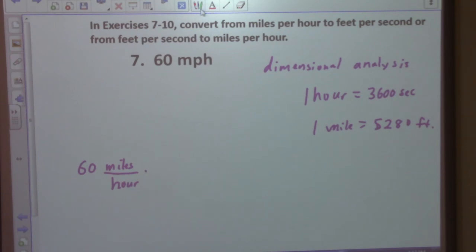Well, anyway, what you're going to do is gradually convert. You use these factors to gradually change this to feet per second. What do I have to do to cancel out miles? I have to put miles down here. So what's going to go down here with the miles? The feet. It's going to be 1 mile per 5280 feet.